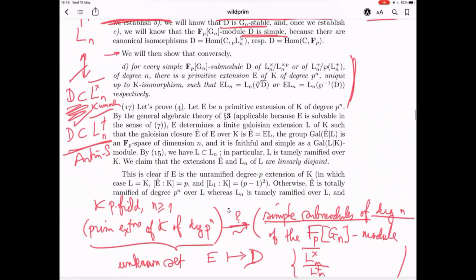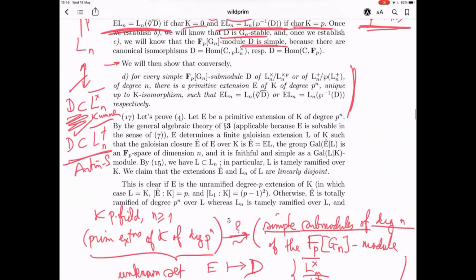Which says that every simple module D here of degree n, there's a primitive extension here, unique up to K-isomorphism, such that this or this. So that is what we have to do.